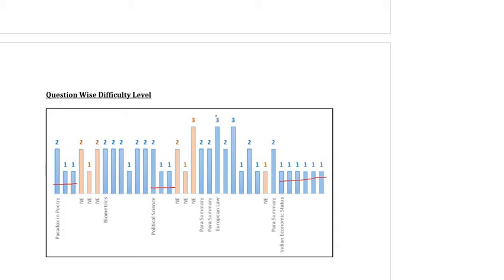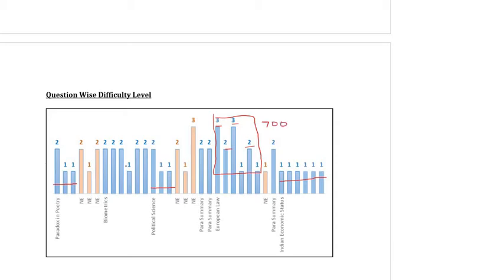On the other hand, if I look at the one on European law, three tough, two tough, two moderate, two easy. So when you average this out, it appears moderate. But when I look at 4 out of 6 questions being tough to moderate, this is something that I would definitely have wanted to skip, especially because it is 700 words.